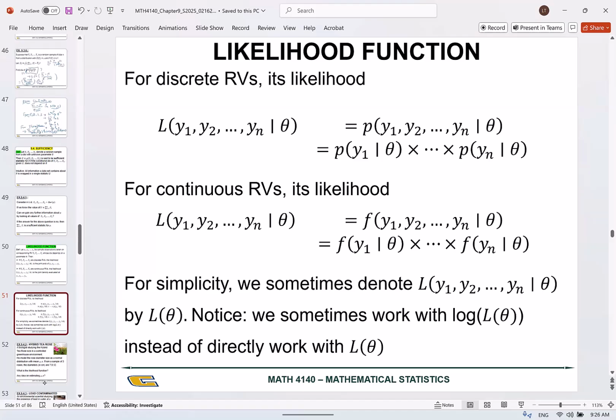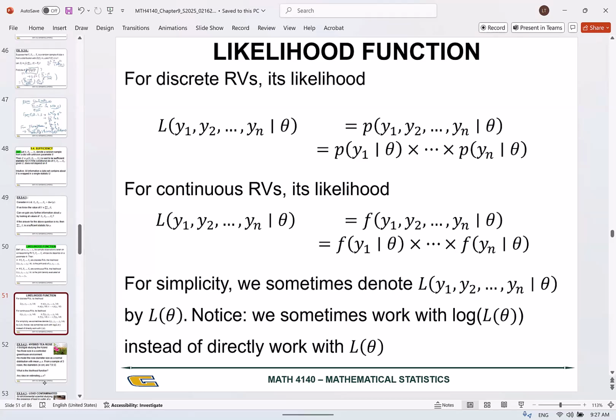Sometimes people also use the notation L(theta) for short. And a typical practice is that instead of working with L(theta), people work with log L(theta), so you will see those many times from now on. But here is just some preliminary notation for the likelihood function.